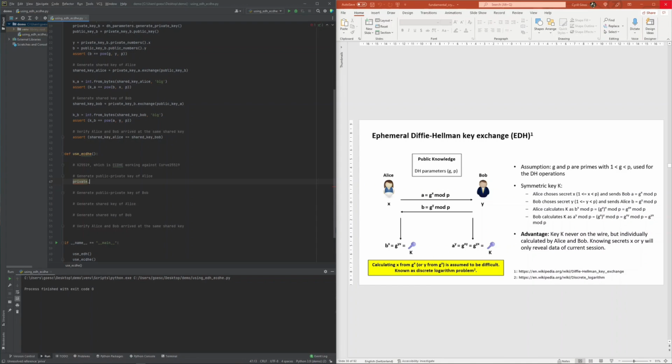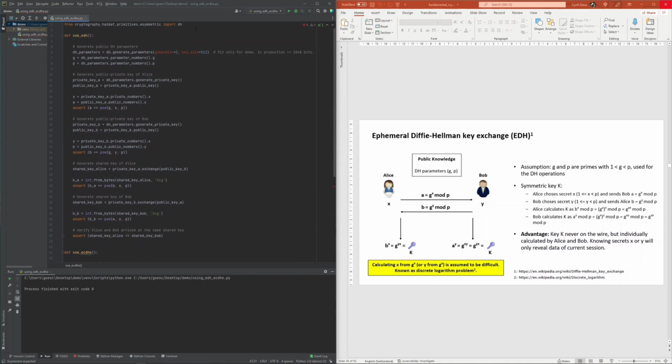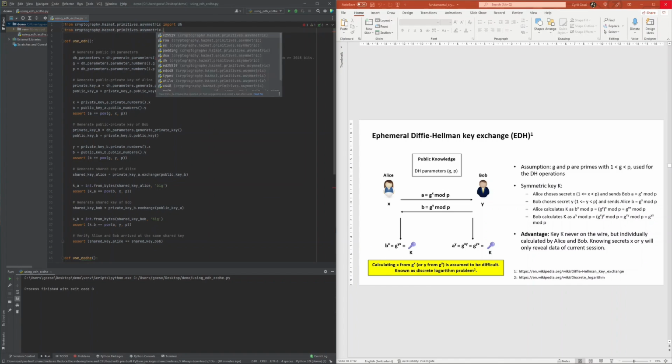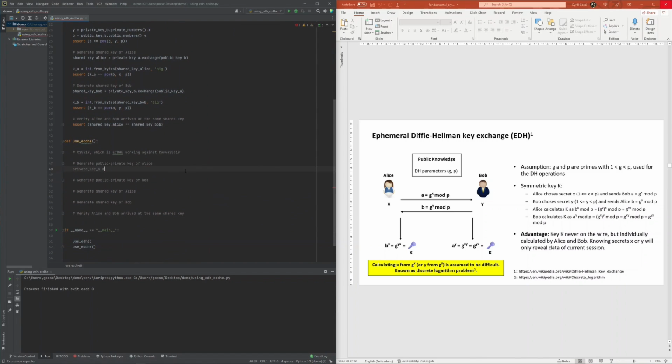The public-private keys of Alice and Bob are easy to create with the cryptography library. And once the half keys were exchanged, also this key exchange proved that the shared key calculated by Alice and the shared key calculated by Bob were the same.